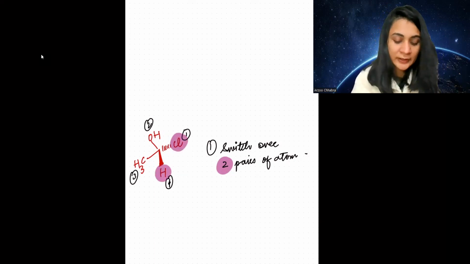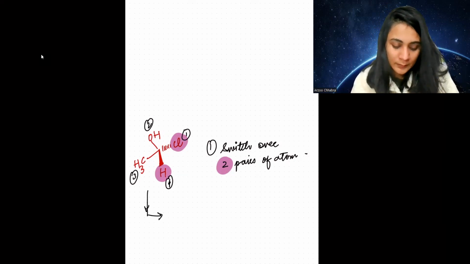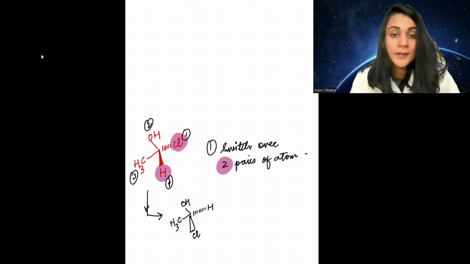And what it actually looks like is that now in the front I get Cl, and in the back I would have the H. This is what I have after making my first switch.